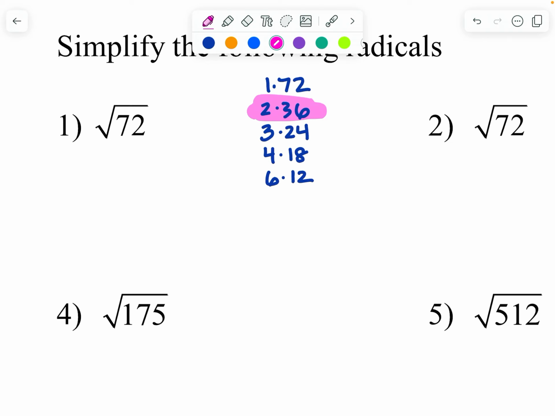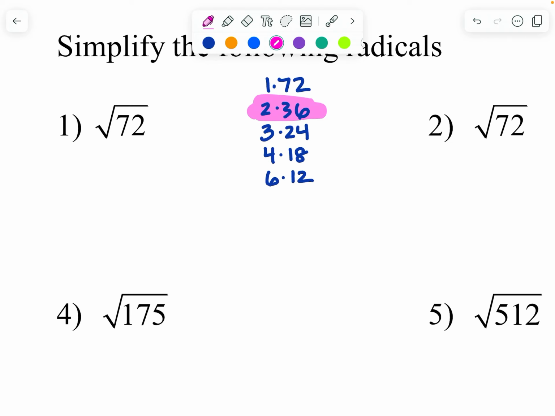about square roots or any roots, is that you can break them up with multiplication and division. And so instead of writing the square root of 72, I am going to write the square root of 2 times the square root of 36. And then, of course, the square root of 36, we know the answer to that is 6.